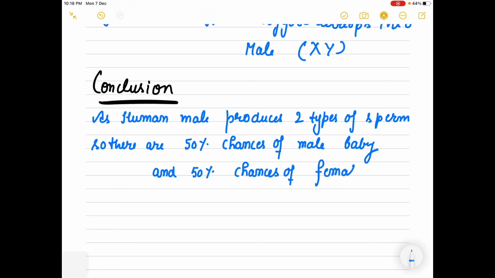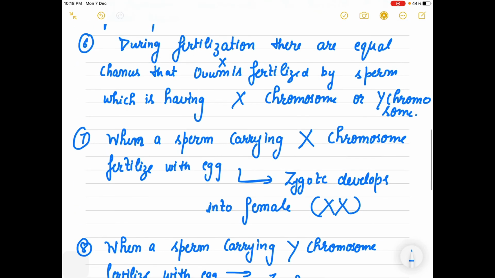There is nothing like everything being dependent on the female for what will be the sex of the child.